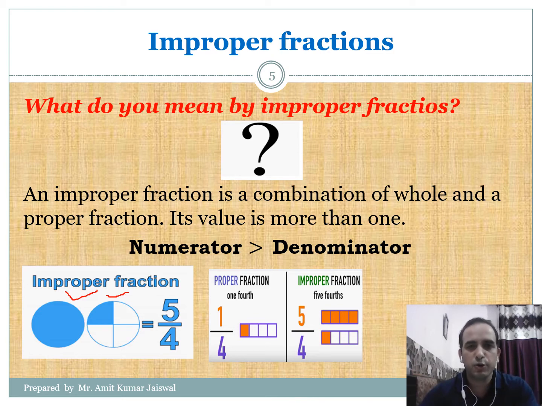Whenever you have the numerator larger than the denominator, you can say that it's an improper fraction. So 1 upon 4, numerator is smaller, so it's a proper fraction, but 5 upon 4, it's an improper fraction because numerator is larger than denominator. So I hope you understood the meaning of improper fraction now.